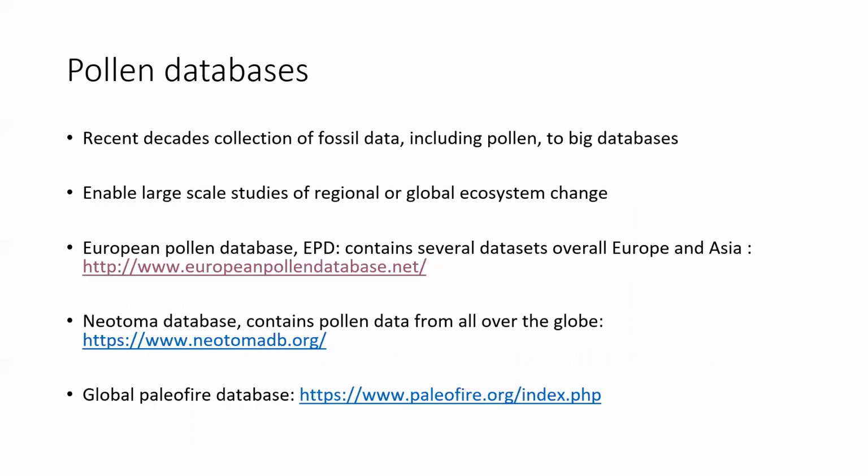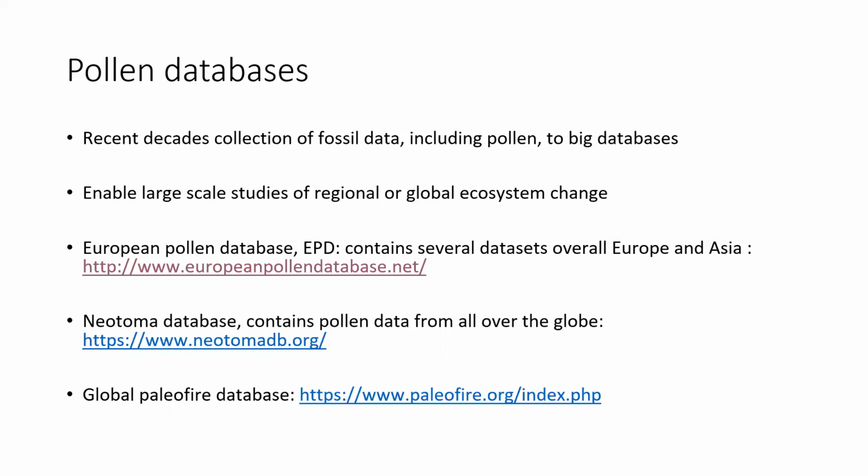And then recently, there's been more and more development in pollen databases, where researchers input their own data that they have produced and published, and then using these big databases, more large-scale studies of regional and global ecosystem change can be done.